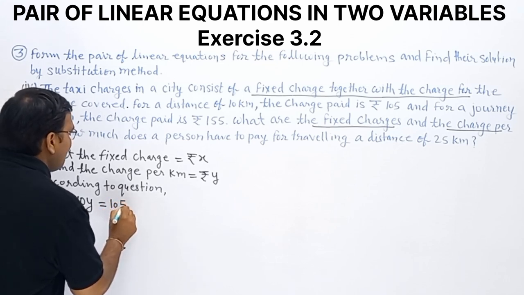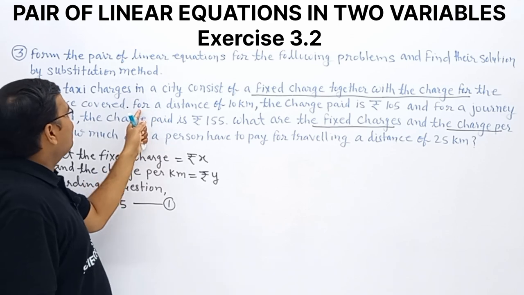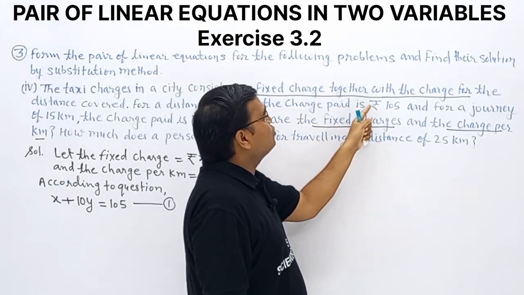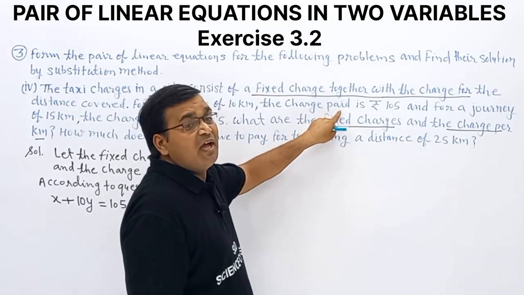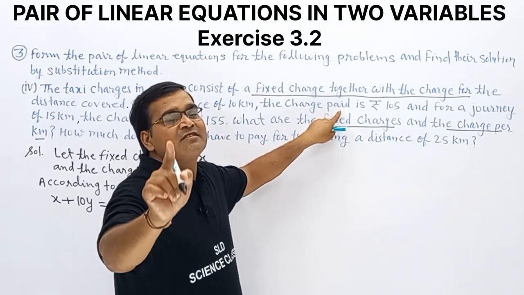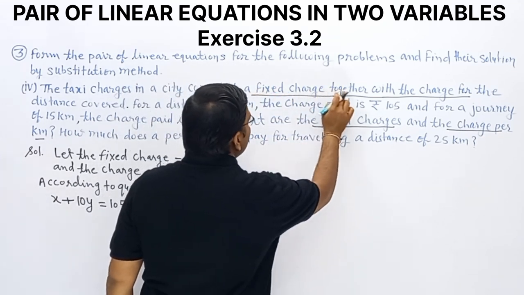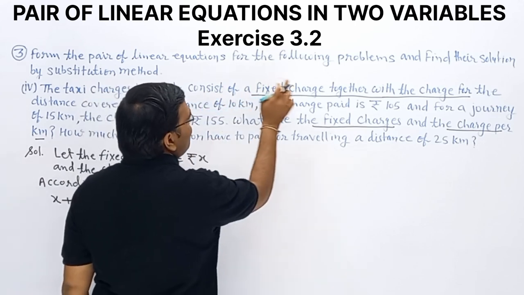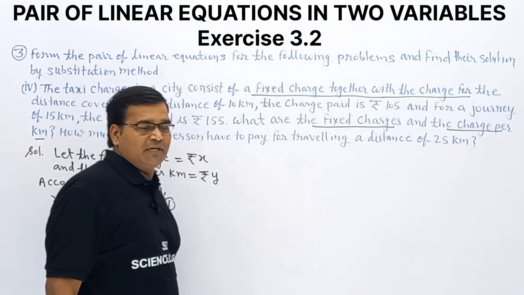Again, observe how we are writing this equation. In the first situation, for a distance of 10 kilometers, the charge paid is rupees 105. In this charge we have the fixed charge plus the charge per kilometer, because the first sentence says the taxi charge consists of a fixed charge together with the charge per kilometer.